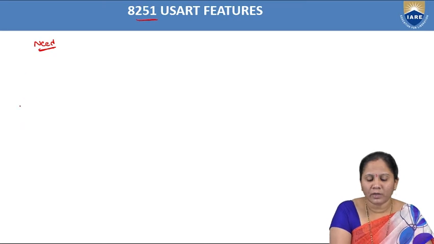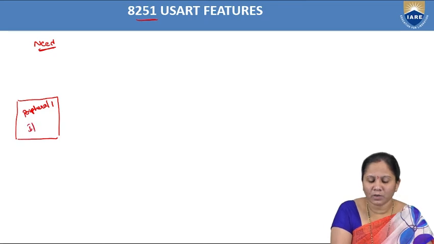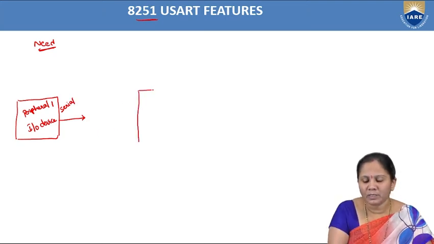For example, consider a peripheral device, or you can also consider it as an IO device. Generally the IO device will produce data as output, and that data will be in the form of serial data.